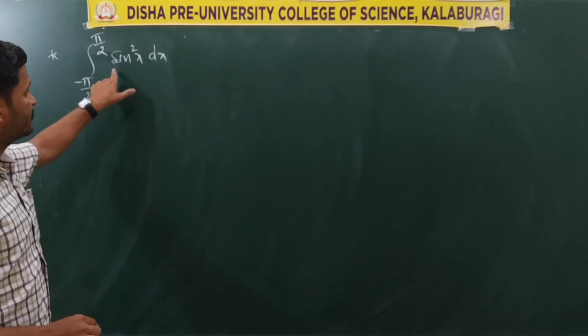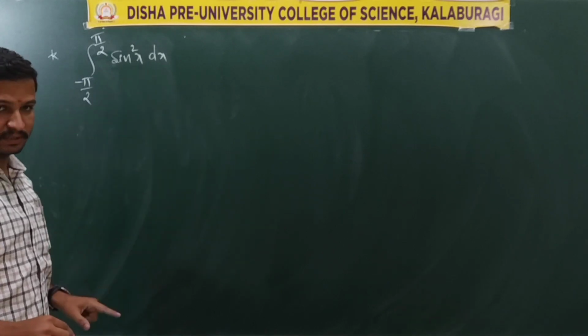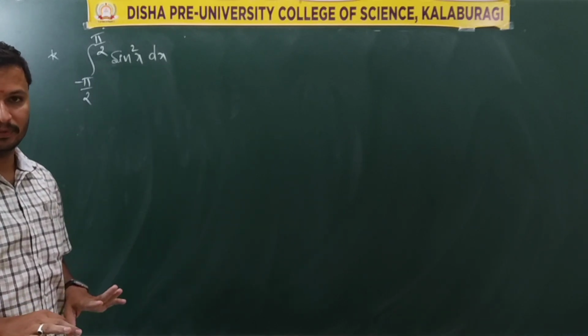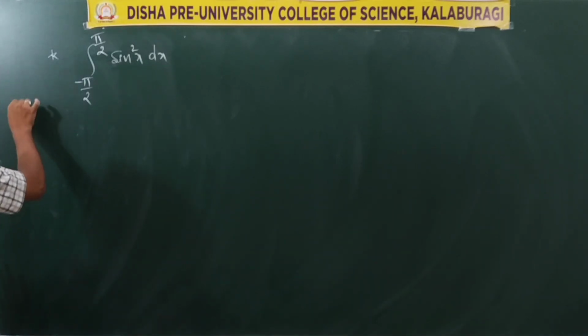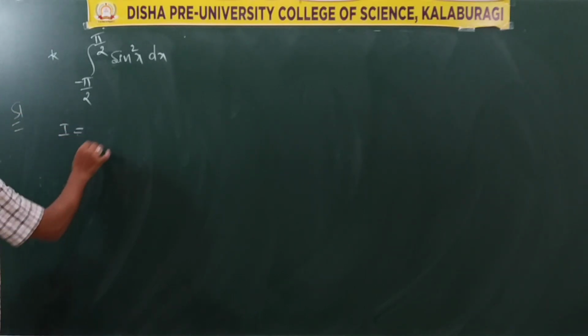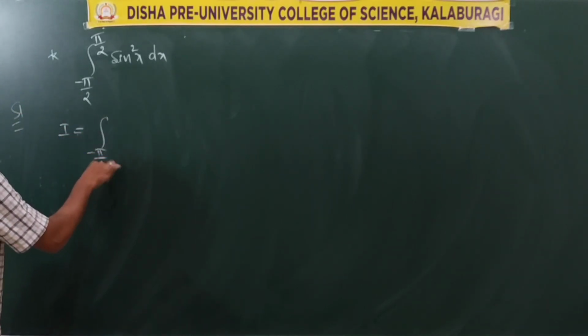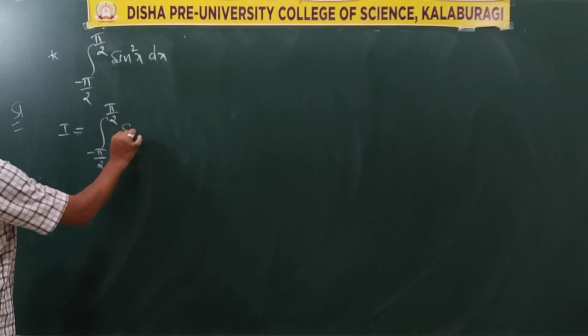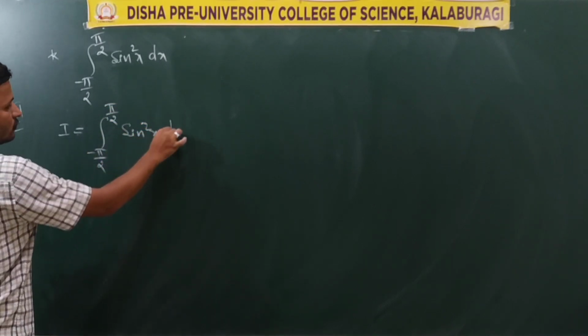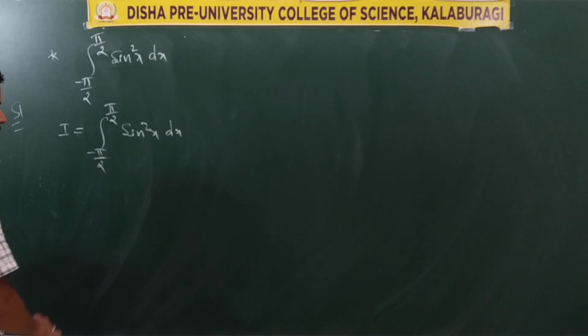So first observe whether this sin square function is even or odd. So see solution. I is equals to integral from minus pi by 2 to pi by 2 sin square x into dx.